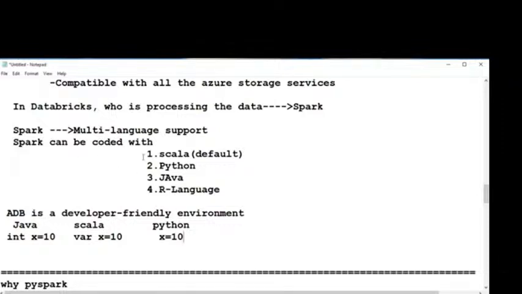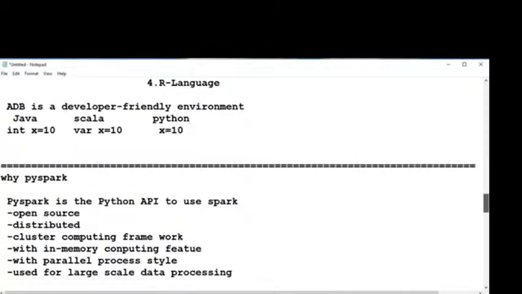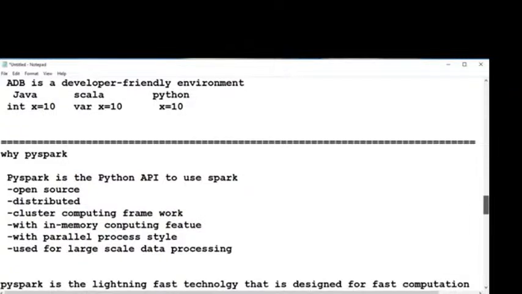So here with Spark, the language we are using is Python. So PySpark is a Python API to use Spark. The total Python coding implementation goes in Python.